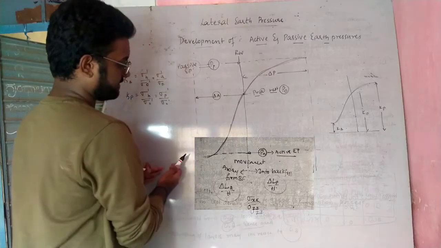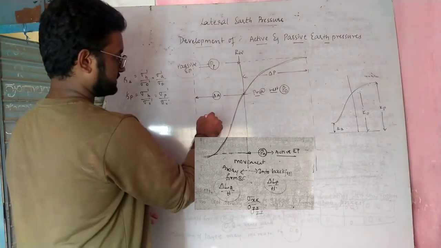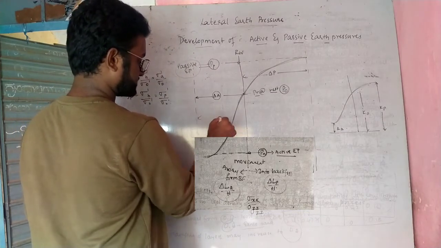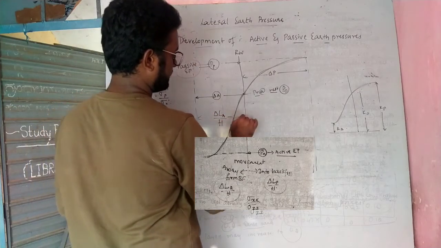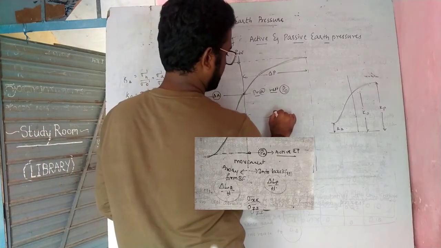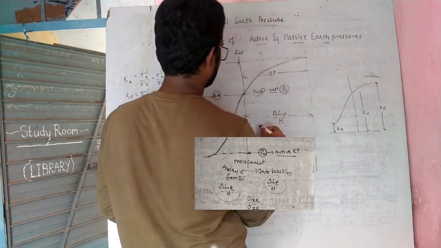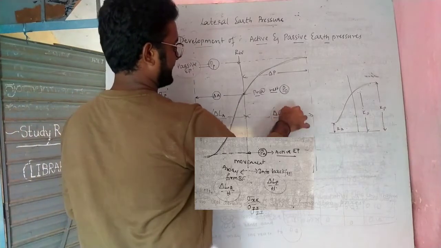Here, this side is away from the backfill and this side is near the backfill. This one is the change in active earth pressure, delta LA upon H, and this is delta LP upon H, the change in the passive earth pressure.